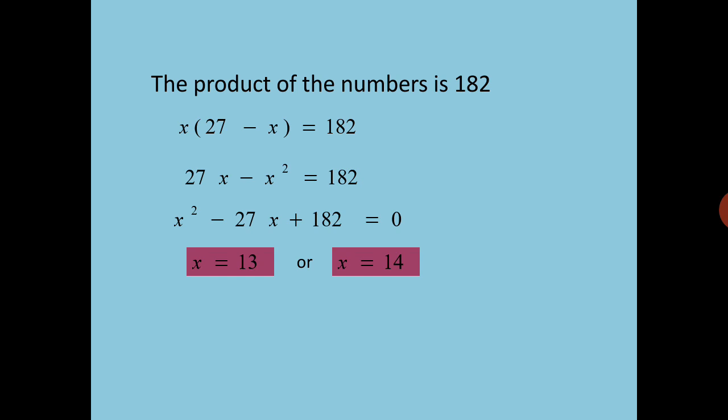When you solve it, you will get x equal to 13 or x equal to 14. Now children, these two are your numbers. You were told that there are two numbers whose sum is 27. When you add these two, you get 27. And when you find the product of these two numbers, you will find that it is 182.